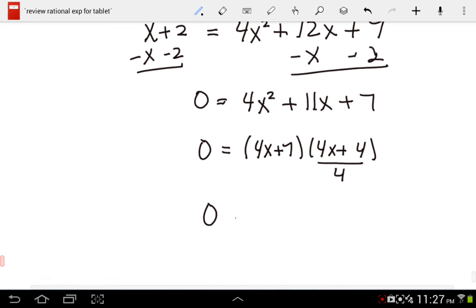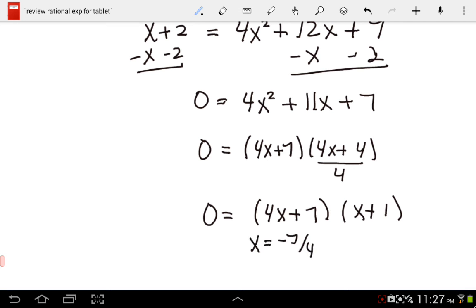So now we'll get 4x plus 7, and then dividing that 4 out, we'll get x plus 1. So we'll get negative 7 fourths, and then negative 1.